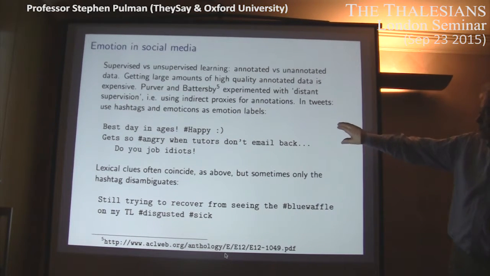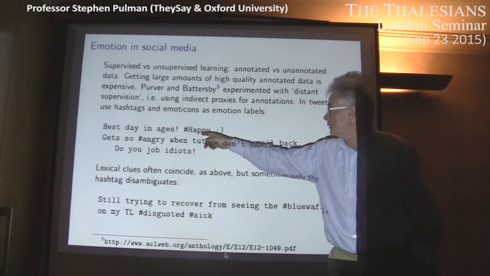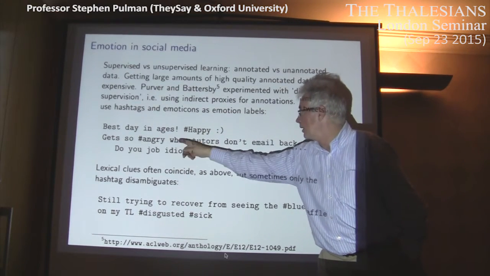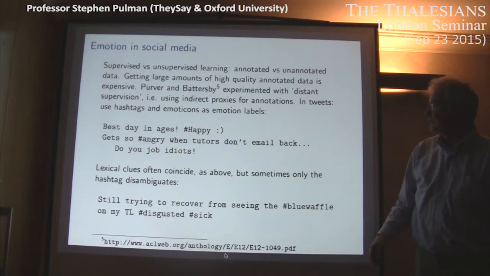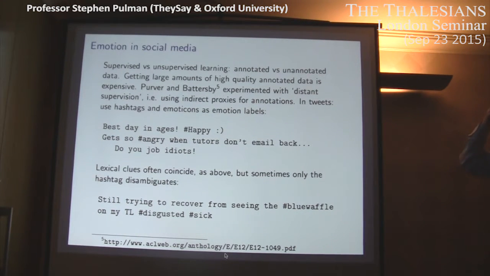And you collect these and you look out for the tweets that have an unambiguous emotional hashtag, like hashtag happy, hashtag angry, and so on and so forth, and also some emoticons. When you look at these, very often, because people are talking about stuff you have no idea about, the hashtag is the only thing you can make sense of.